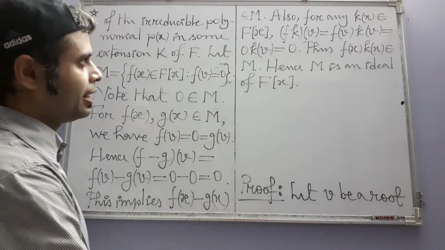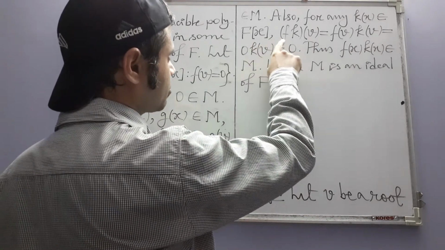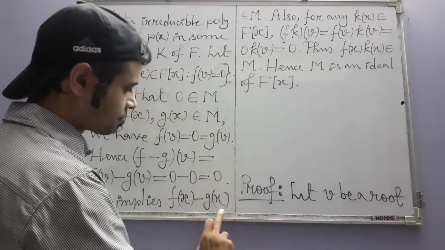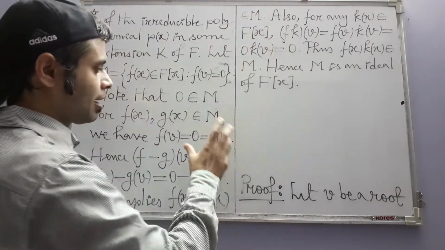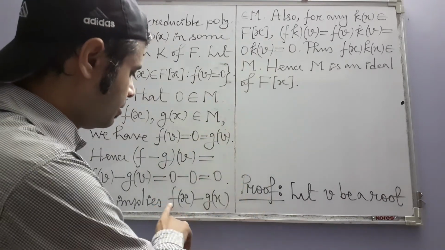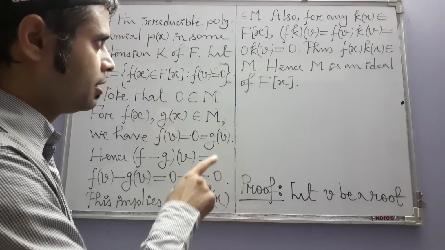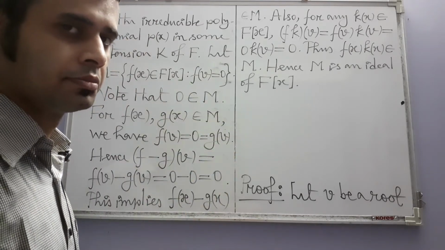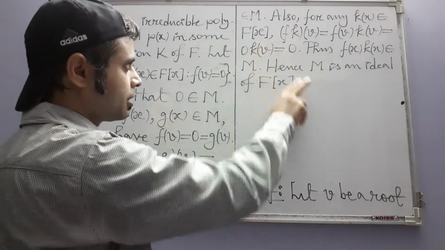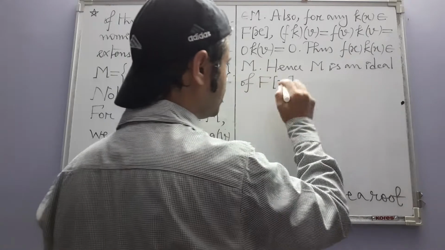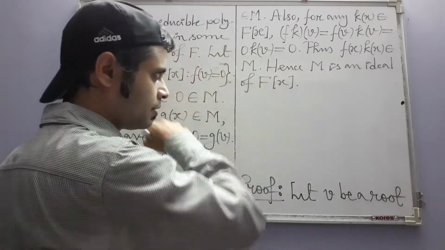And if you want to write a conclusion after f(x) minus g(x) belonging to M, it would be that hence M is a subgroup of F[x] under addition. And this additional condition of course makes you conclude that M is an ideal of F[x].